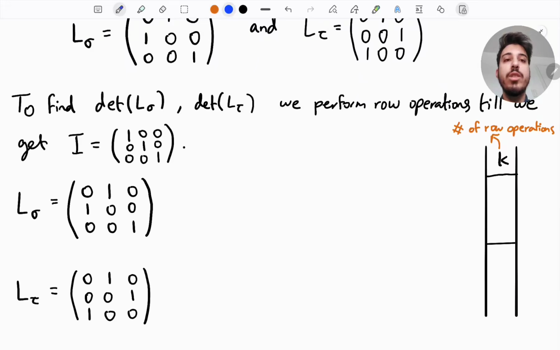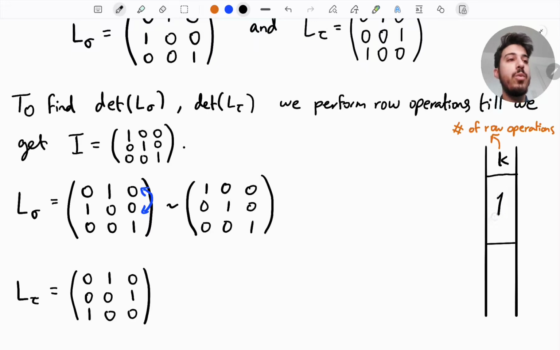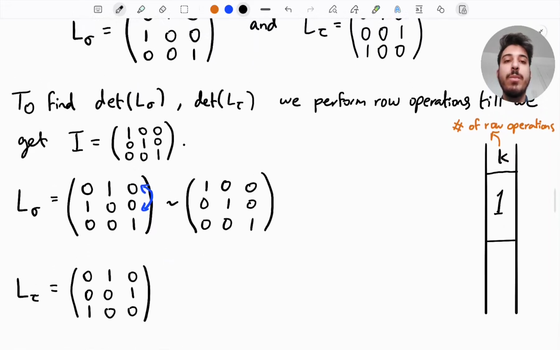So we will exchange rows 1 and 2 to get back the identity element. And in the table here on the right, we find that k is equal to 1 for a single row exchange.